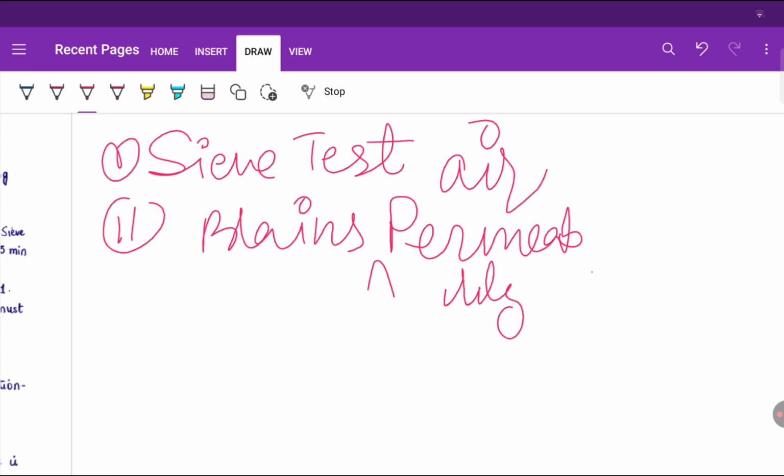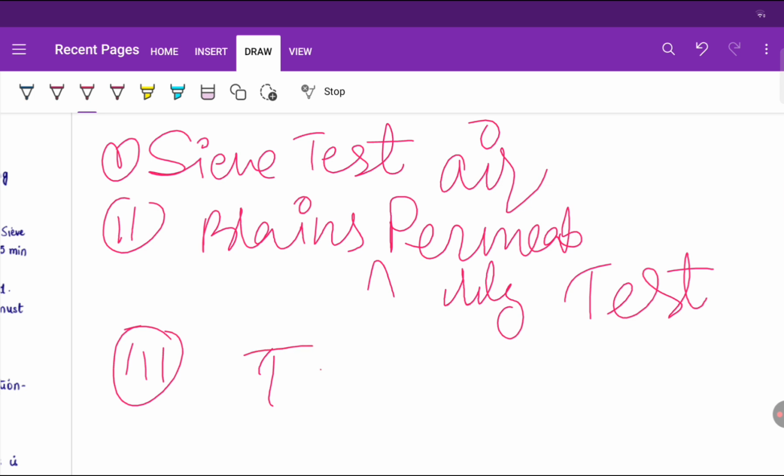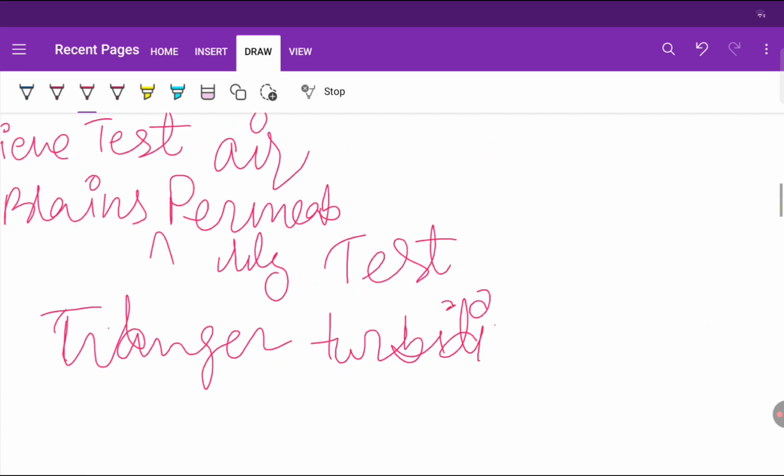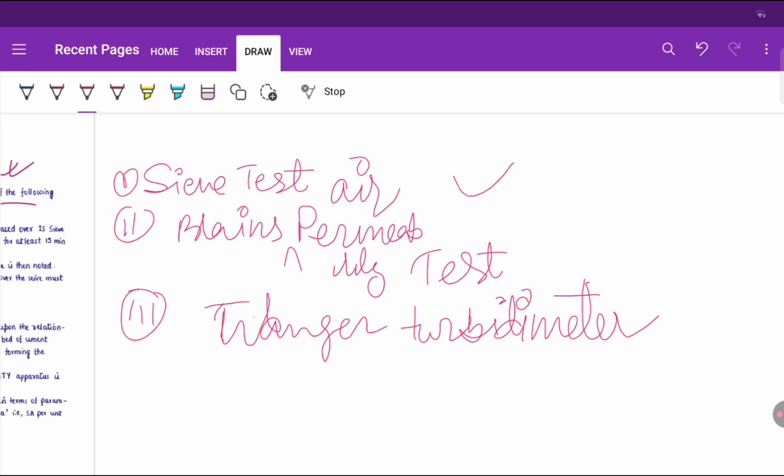The third one is the Wagner turbidimeter, the Wagner turbidity meter. Okay, sieve test, Blaine's air permeability test, and then Wagner test.